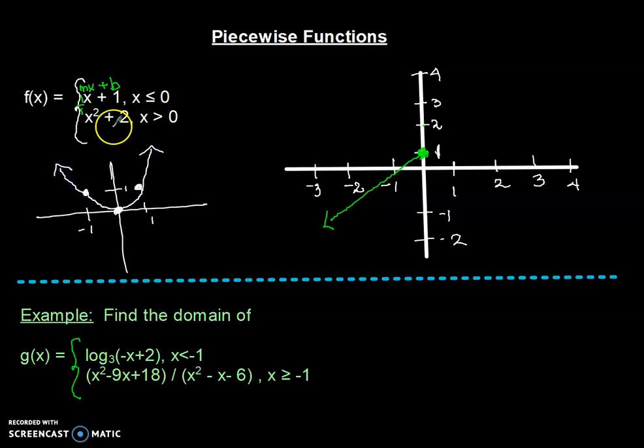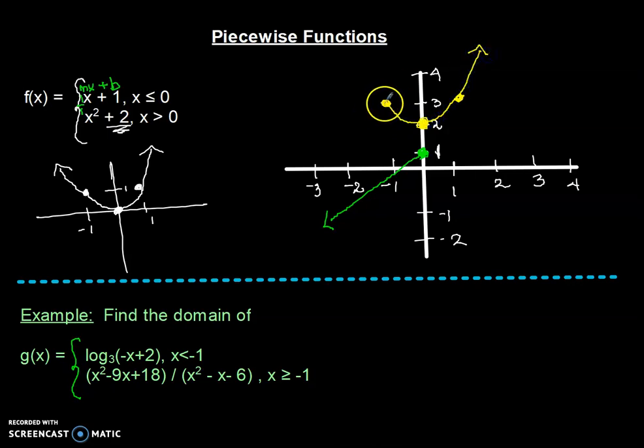Because remember the translation: plus 2, 2 is being added outside the parentheses. That means I shift each one of these points up 2. So the 0, 0 moves up 2. The 1, 1, I move it up 2. And the negative 1, 1, which is right here, also goes up 2, and there's where my parabola is.